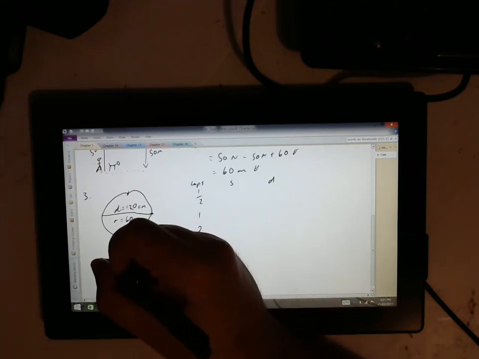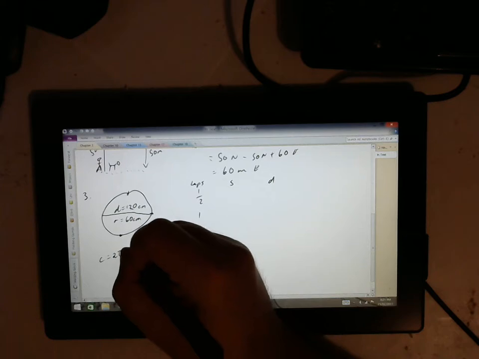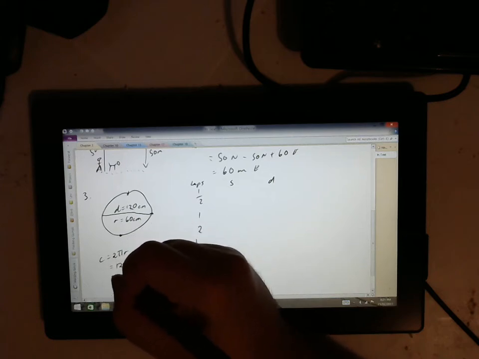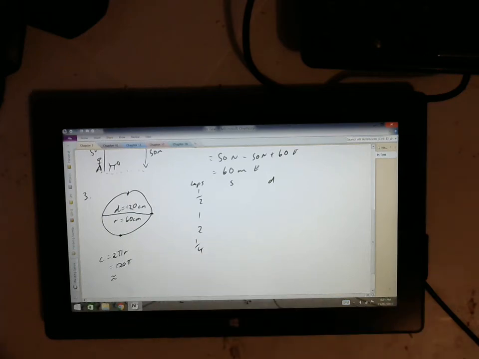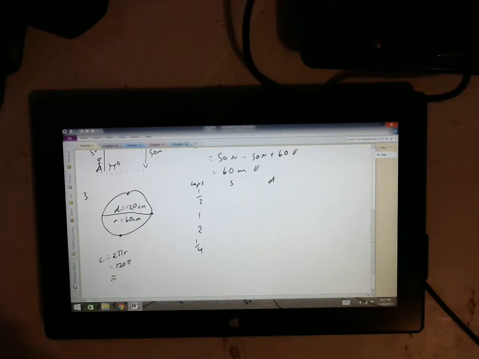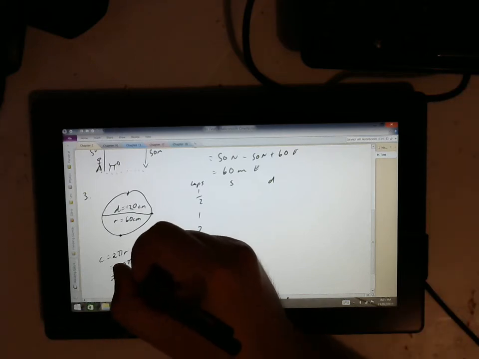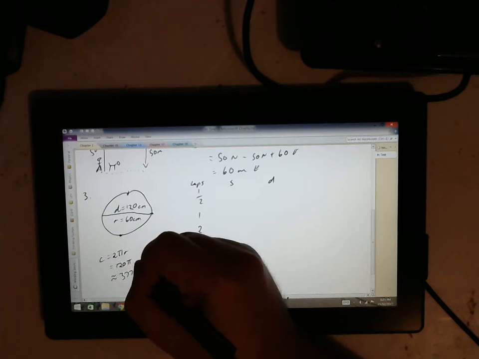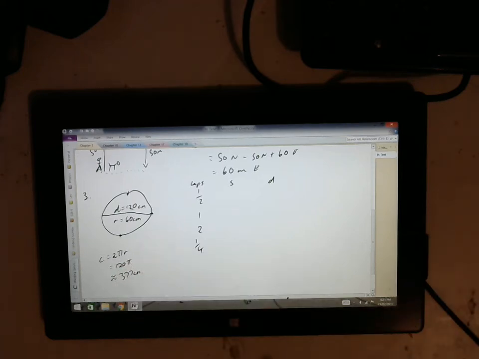The circumference of a circle equals 2 pi r. So in this case it's going to equal 120 pi, which would be approximately equal to 120 times pi gives us 377. Just a little bit under 377 centimeters. So let's do all our distance calculations first.